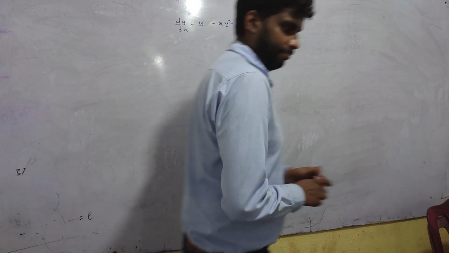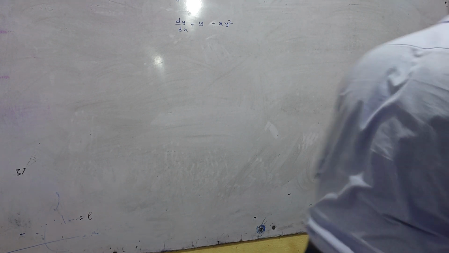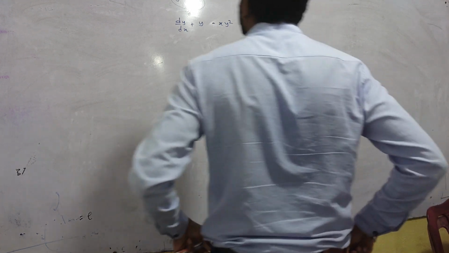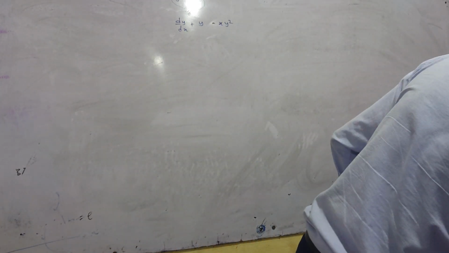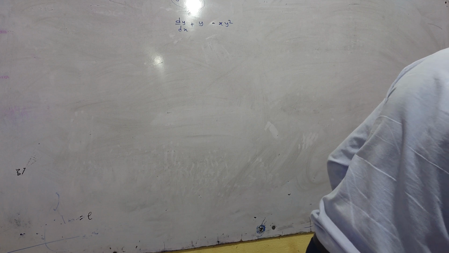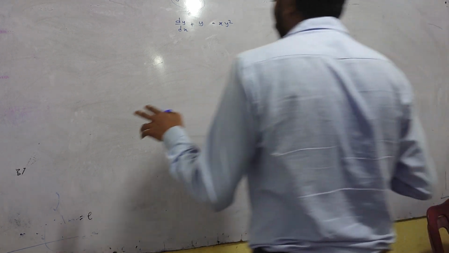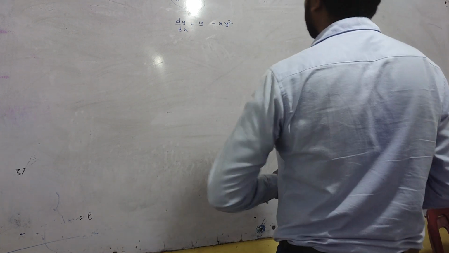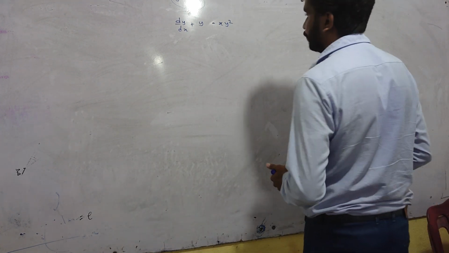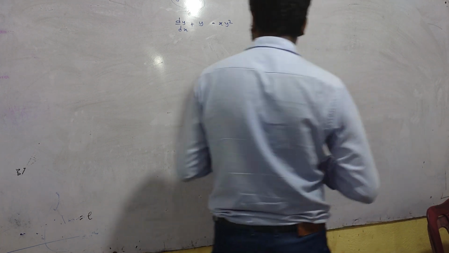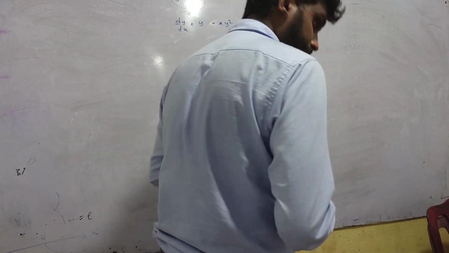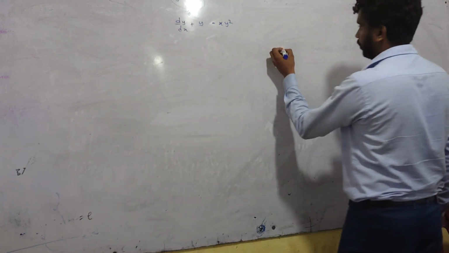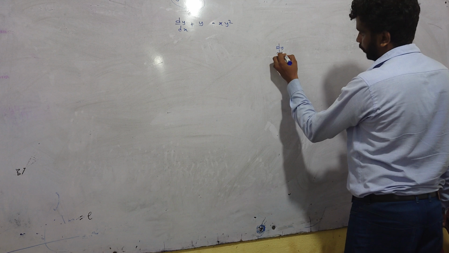Then we will turn this into dt by dx, because you have a differential equation in terms of t, right? y is not there. Using this transformation, they have reduced it to a differential equation in t. But first we'll find dy by dx, right?